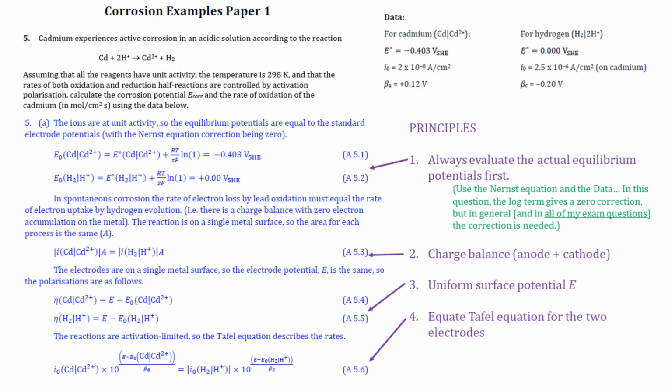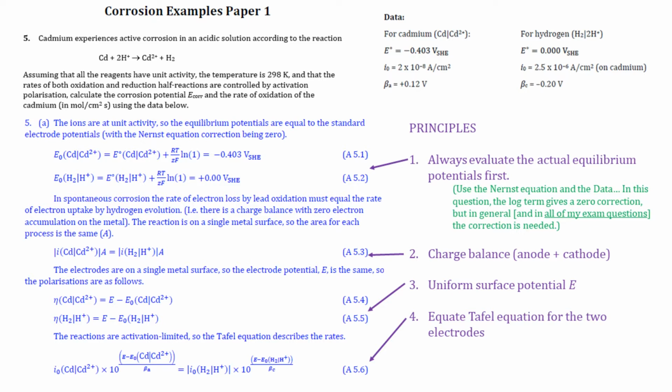We need to write these down because that's what we're going to use. Do not just put standard electrode potential into the Tafel equation, because that will in general be wrong. So we need to, number one, always write down the equilibrium potentials, work out what they are in this particular question. The other principles are nice and straightforward.